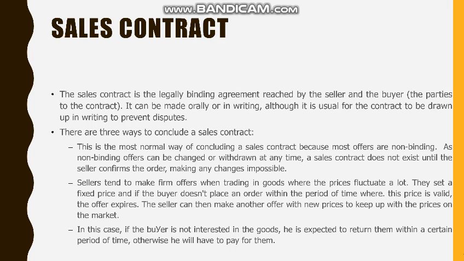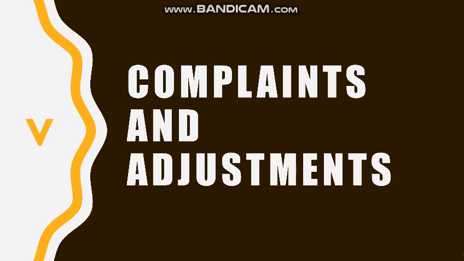The seller can then make another offer with new prices to keep up with the prices on the market. In this case, if the buyer is not interested in the goods, he is expected to return them within a certain period of time, otherwise he will have to pay for them.